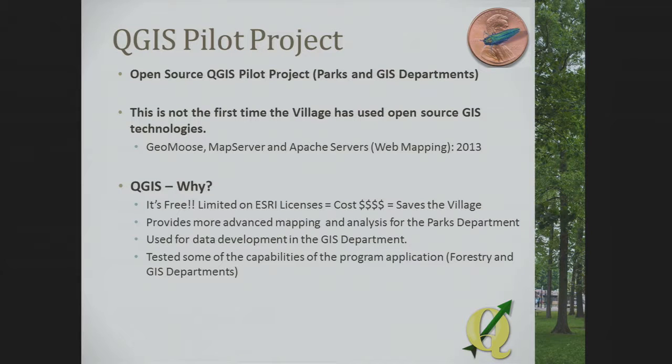We also have desktop licenses, but that was grandfathered in when I arrived there in 2009, and those are single seat licenses. That means you can only have it on that person's desktop, where a concurrent license is where you can share it on the network. And the only concurrent license that I have is my ArcInfo, or ArcGIS Advanced, they call it these days. That's the granddaddy of all GIS for editing.